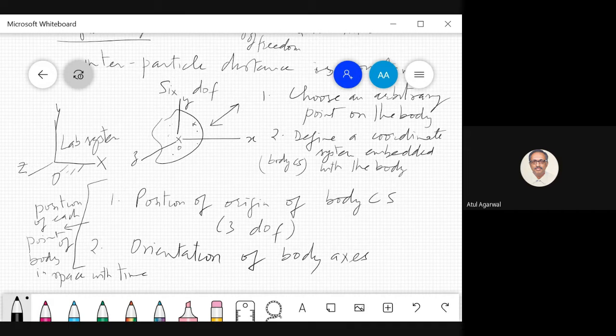So if you know with time what is happening to these two things, then you can tell the position of every particle of the body with time.